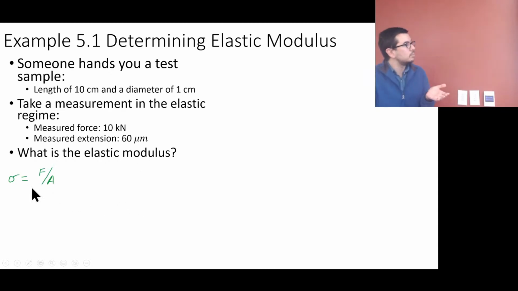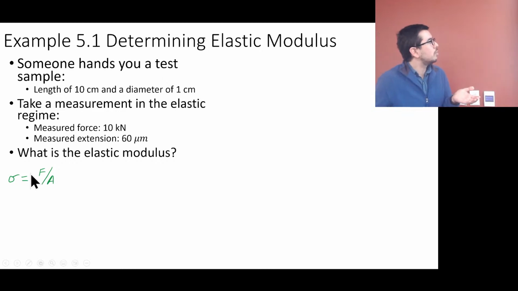So let's start with, well, why don't I calculate the stress, right? So sigma equals E epsilon, okay? They told us what the force was in the elastic regime. They told us that the diameter was 1 centimeter, right? So we can calculate force divided by area.